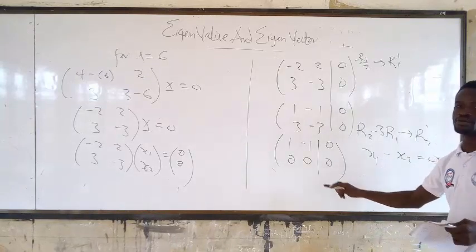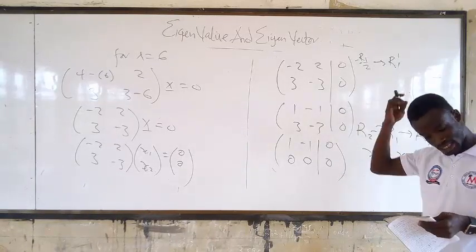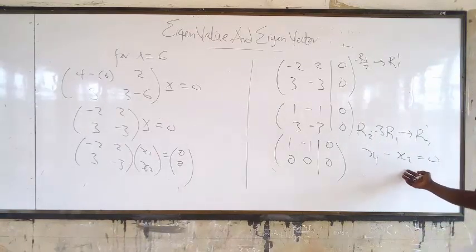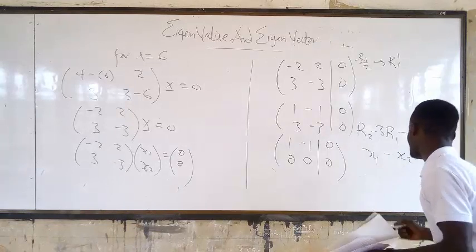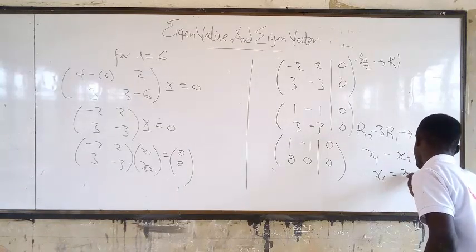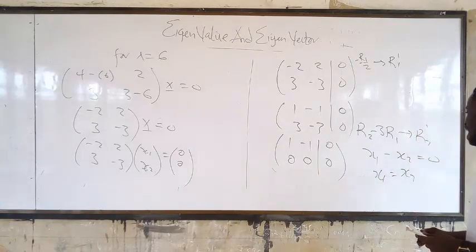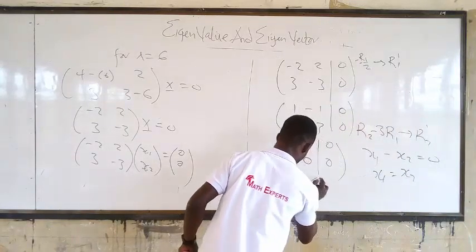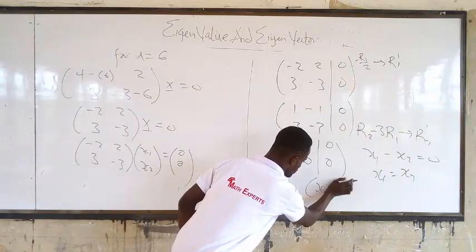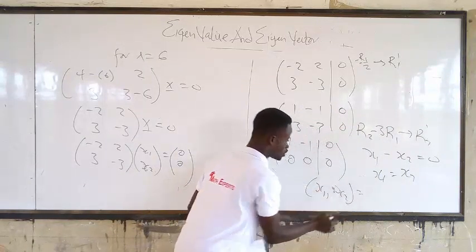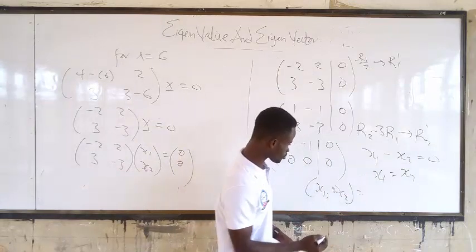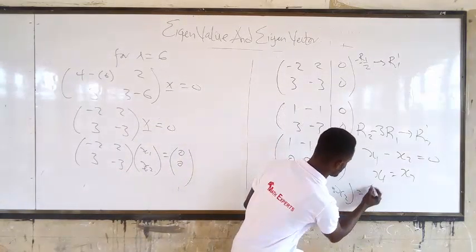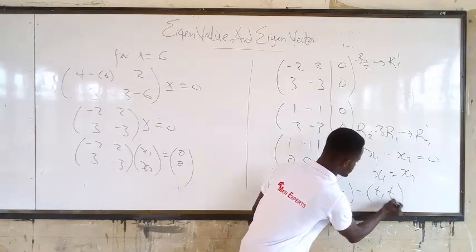Since we have a free variable, that means there are a lot of solutions. After getting this, S1 is going to be equal to S2. Therefore, our solution is going to be T, T.